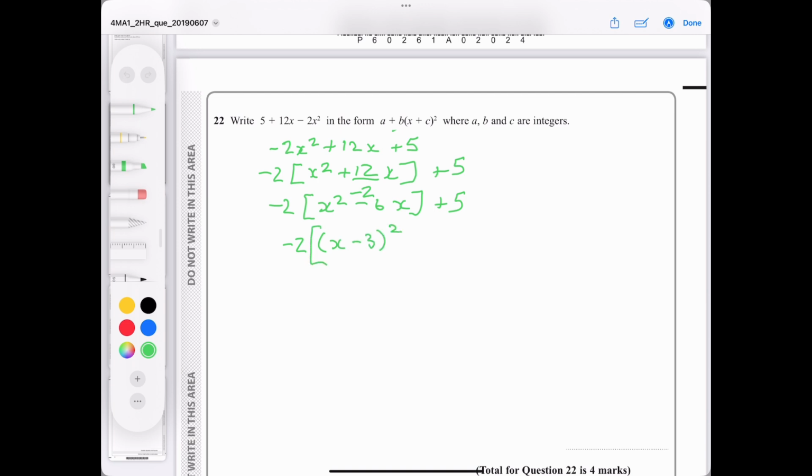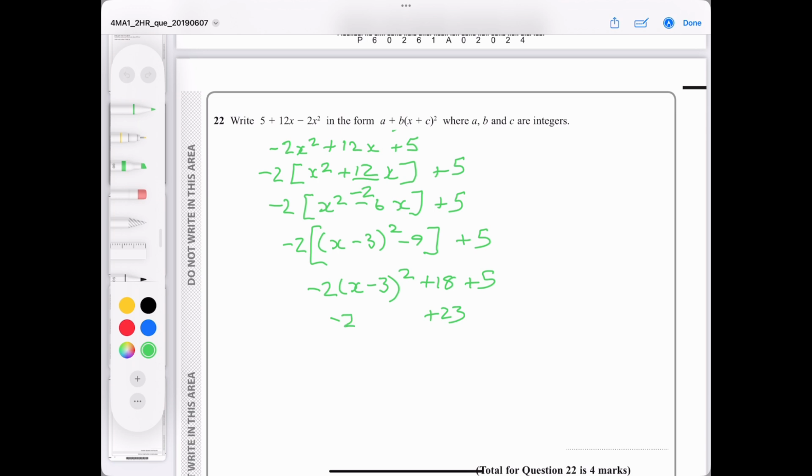squared, and then that would be minus 9, because that all translates to x squared minus 6x, but you've got an extra 9 that you pick up along the way, and then plus 5. So that is minus 2 times x minus 3 squared, and then minus 2 times minus 9 is plus 18, and that's plus 5, so that's plus 23.